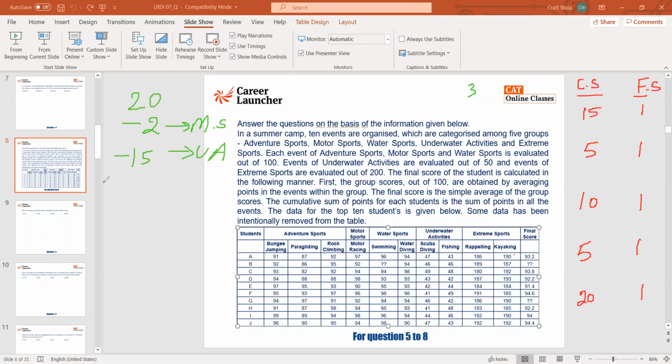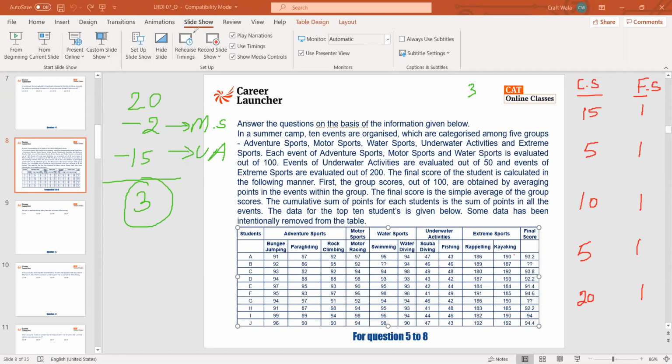So next 3 points are remaining, because out of 20, 17 is done. After these two, next my preference will be this 10 wala. 10 wala is what? Water sports. Now I'll go and give him in water sports. Water sports is swimming and water diving. So I can give 3. Either I give 3 here or 3 here, either way both can become 96.